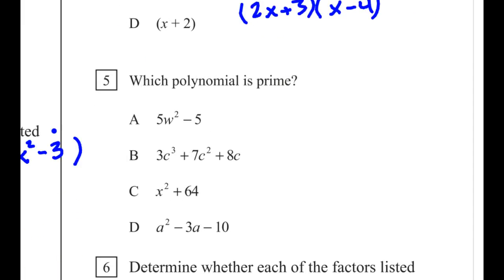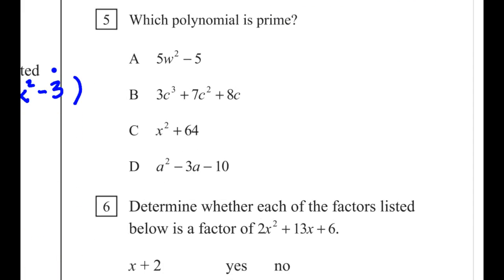Okay. Which one's prime? Number 5. Well, here's a GCF right away, so we know that's not it. What about B? Does that have a GCF? Yes, the variable. So A had a GCF in the numbers, B has a GCF in the variables, so that's not prime.